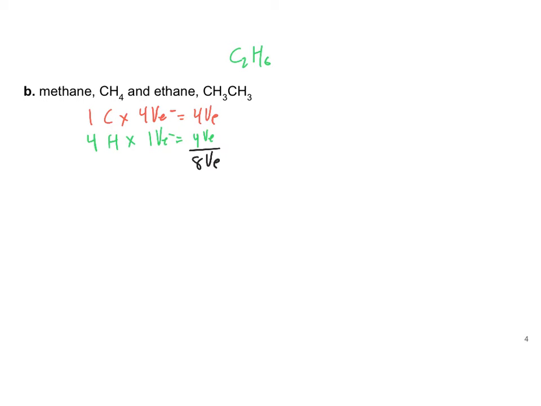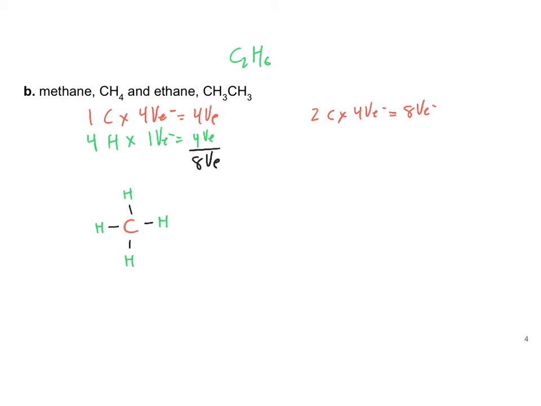So when I go to draw this structure, it's carbon with 4 hydrogens around it, and that's going to look just like this. And then on the other structure, I have 2 carbons times 4 valence electrons, which would give me 8 valence electrons.